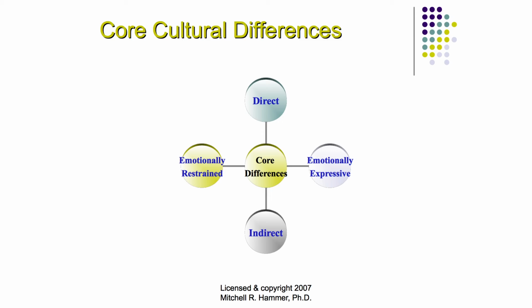Now the second one, the horizontal line, is around how we express emotion during conflict. On the left-hand side is emotionally restrained ways of communicating disagreement. During conflict, an emotionally restrained style will use very little expression, whether verbal expression, facial expression, or other nonverbal expressions of emotion.